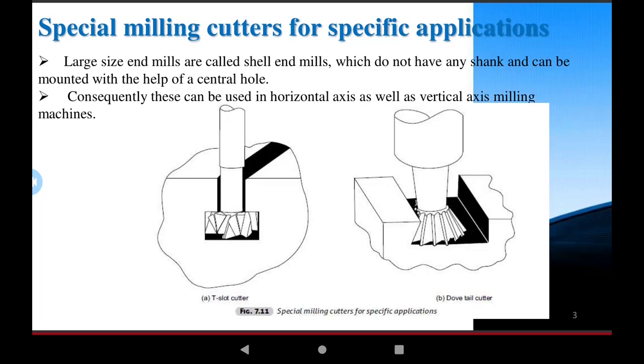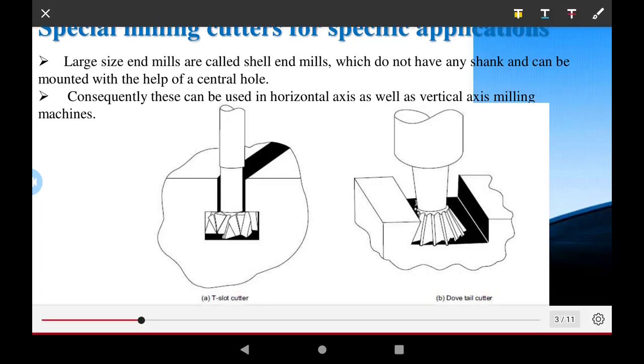This is the T slot cutter, which performs the T slot form on the workpiece, and it is a large size tool.